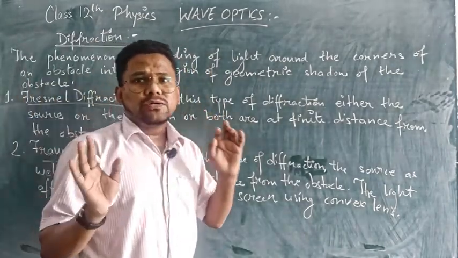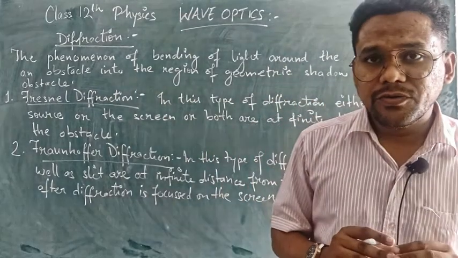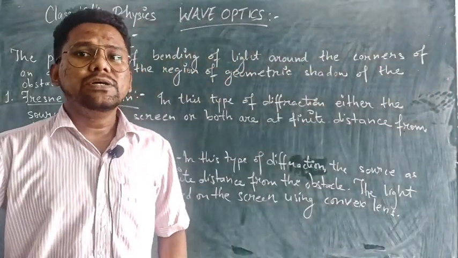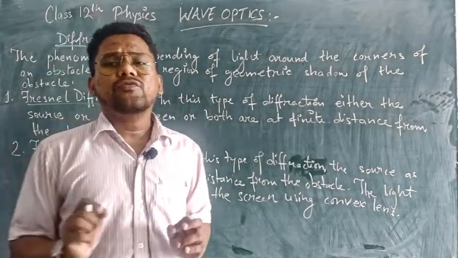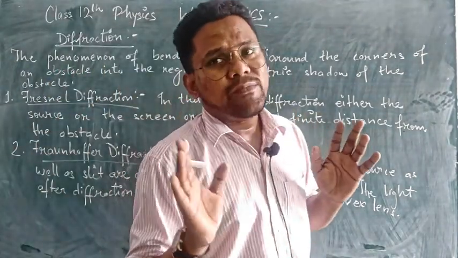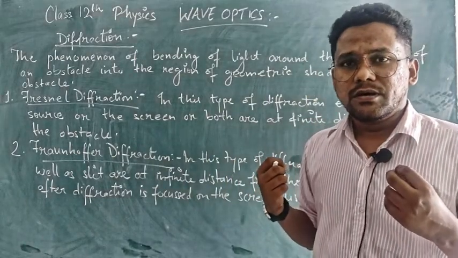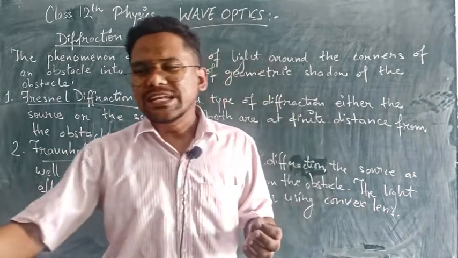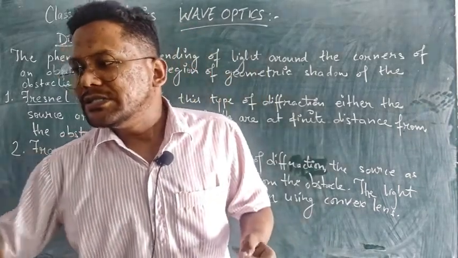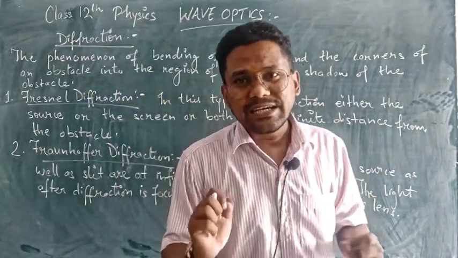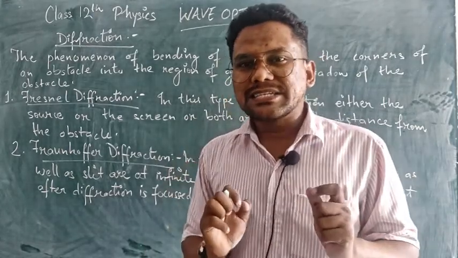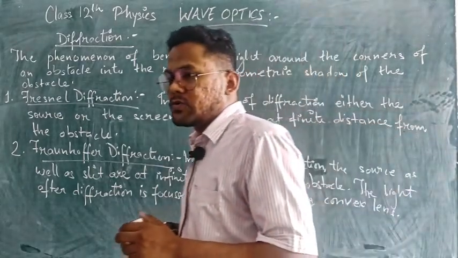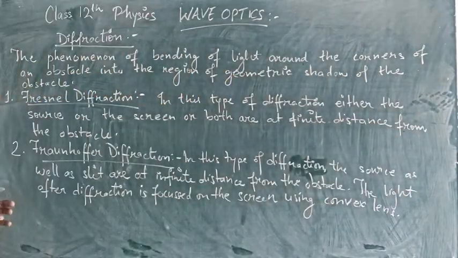So these are the two types of diffraction which we have known now, out of which only Fraunhofer diffraction is of some importance in our syllabus. So when we deal with the next topic, which is diffraction of light at a single slit, we will be discussing Fraunhofer diffraction. Okay, so let us move on to the next topic.